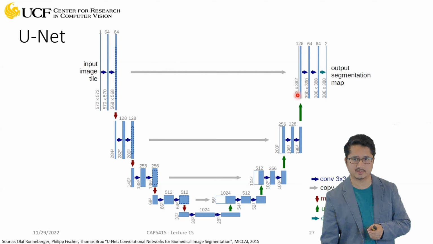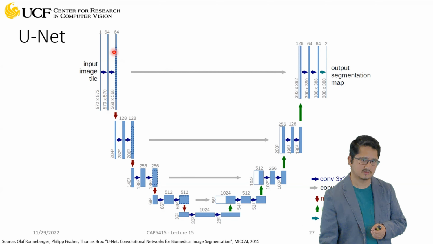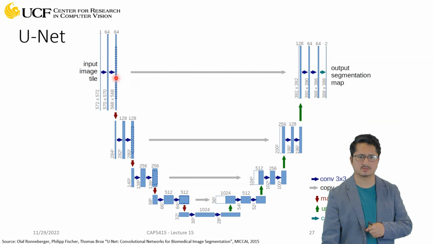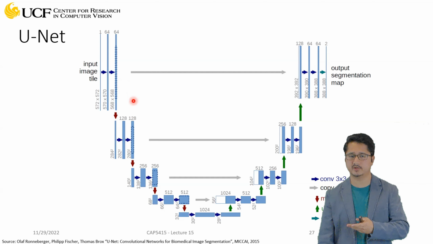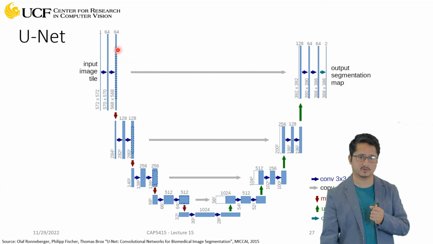Okay, so the size is 392 by 392. But in this case, the size was 568 by 568. So you can't take all of those; you take a crop and concatenate. Okay, so 64 channels will come from here and 64 channels from there, which makes it 128. And then you can continue your convolution operations. So that was the only difference from what we normally do in a UNet architecture, but it is what was done in the original work.